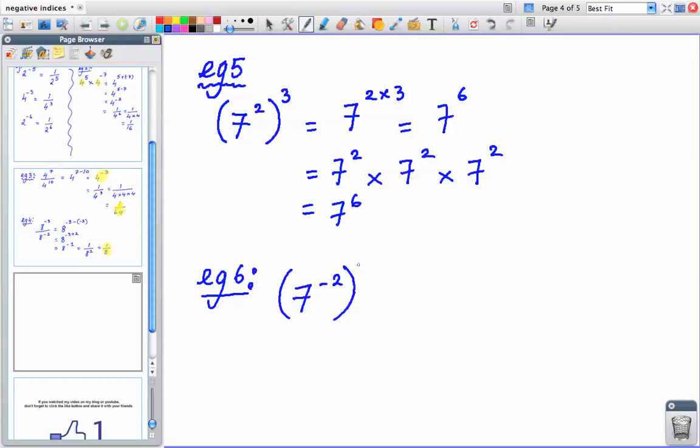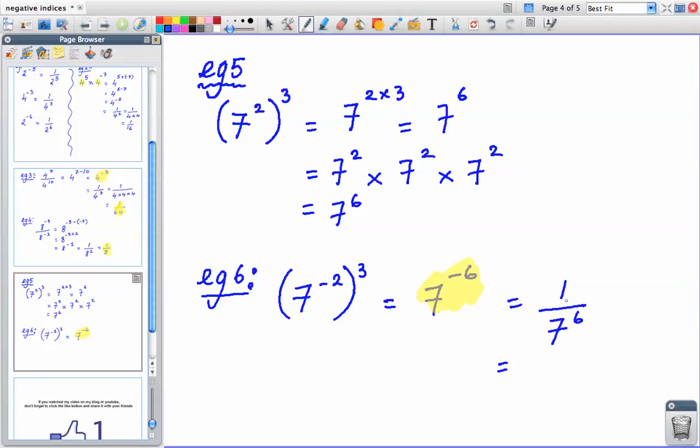So in this case, we're going to do minus 2 times 3, which gives me 7 to the power of minus 6. And here you should recognize the negative power, which means that we're going to use the reciprocal again, and we're going to say that it's the same thing as 1 over 7 to the power of 6. And if you work this out on your calculator, 7 to the power of 6 is the same thing as, well, that's a big number.